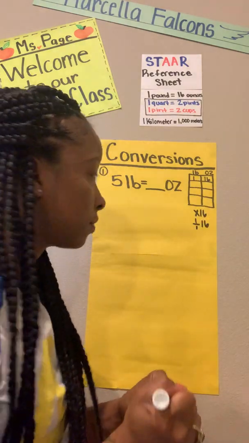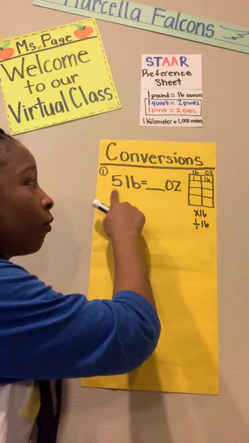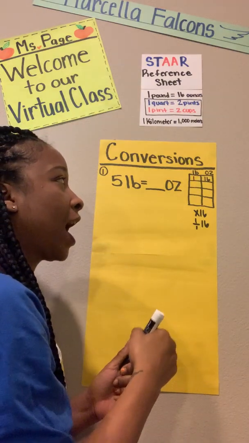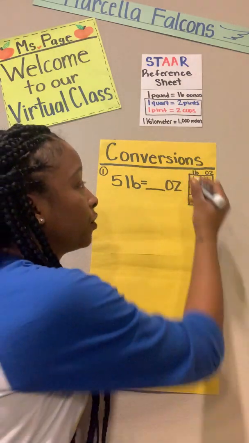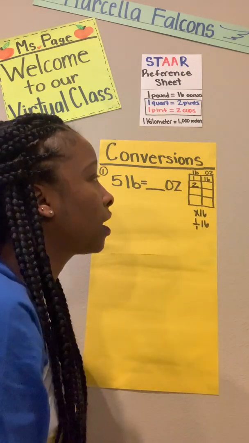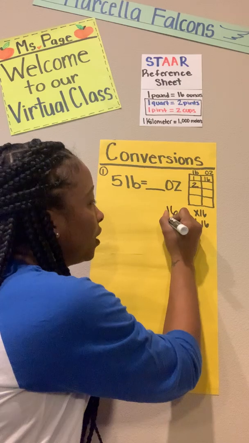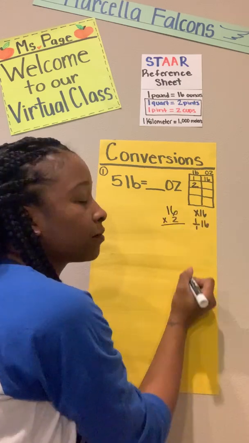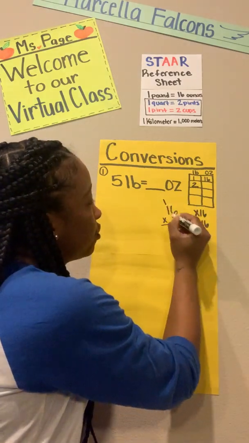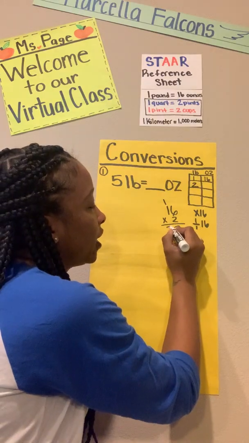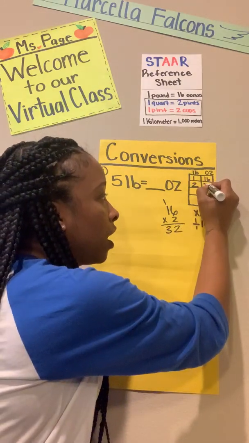Since I'm working with 5, I need to always try the next step, which is 2. 2 times 16 would be what? You need to actually solve it. 6 times 2 is 12. 2 times 1 is 2 plus 1 is 3, 32.